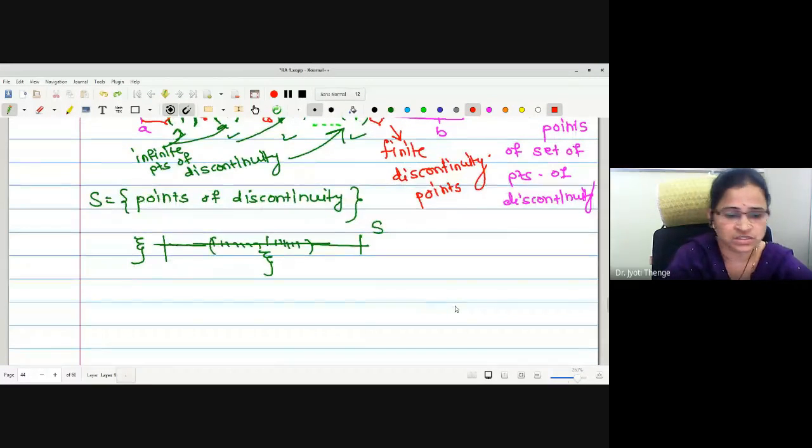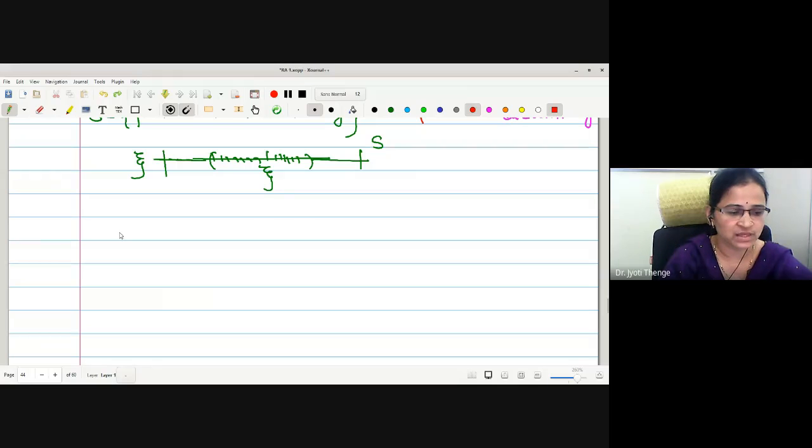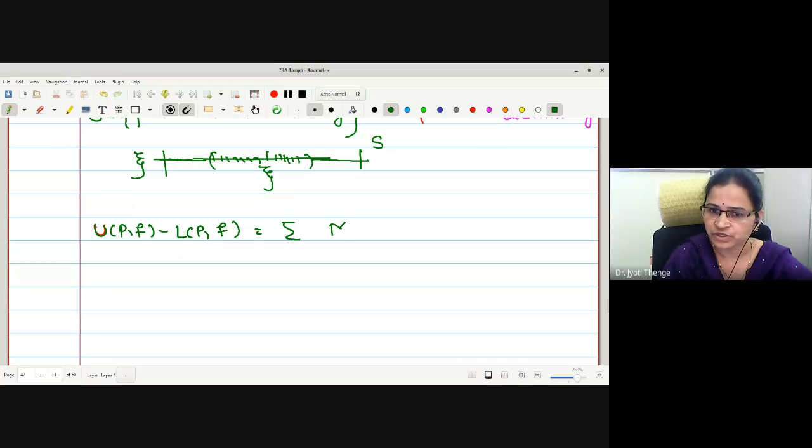Therefore, what is the job in this section we are going to do? Again, we will make the sum of length of p subintervals. Again, here I am writing UPF minus LPF is equal to summation capital Mi minus small mi into delta xi. Now I am going to divide this into two parts.